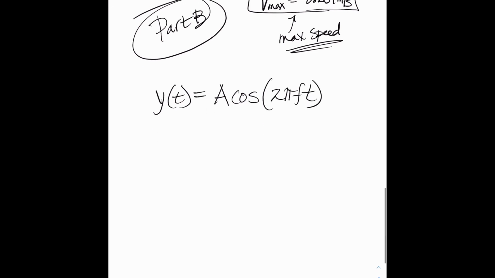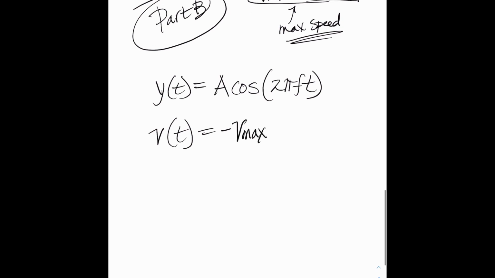We're not going to need that one, but we talked about this last time, that we take the derivative of this to create the next function, which is the velocity function. I'm just going to keep it as Vmax, but we know this is a negative Vmax. And this is going to be a negative sine wave, equal to 2 pi f times t.